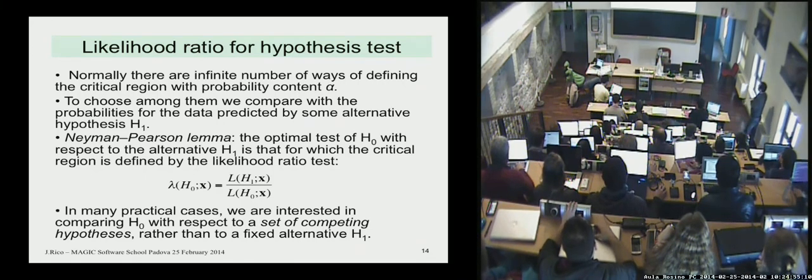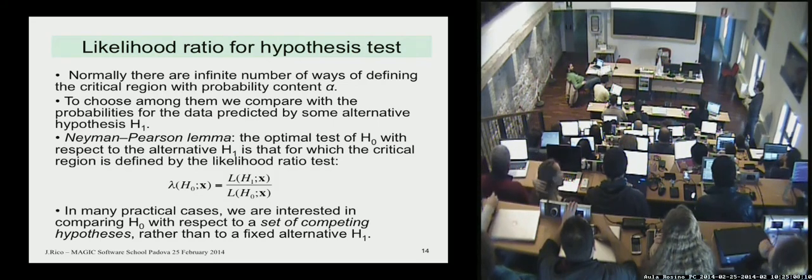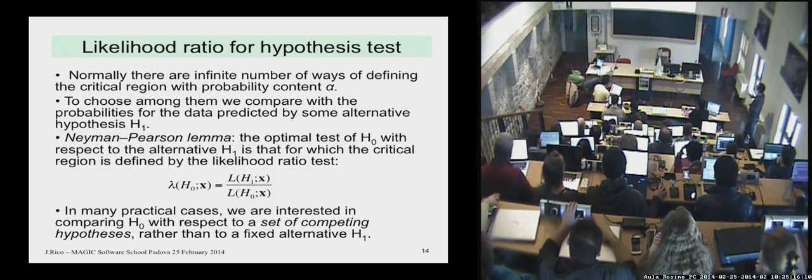Now, the Neyman-Pearson lemma says that the optimal test of H0 with respect to alternative H1, and optimal means that it separates the most H1 and H0, so if H1 is true, H0 would be rejected, is such that the critical region is defined by the likelihood ratio test.